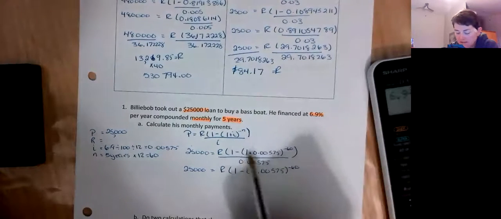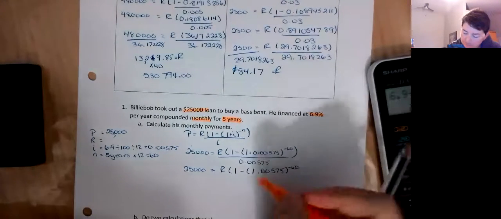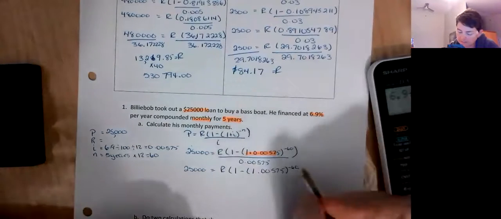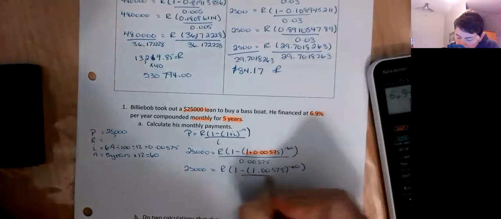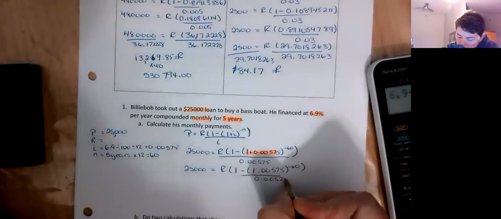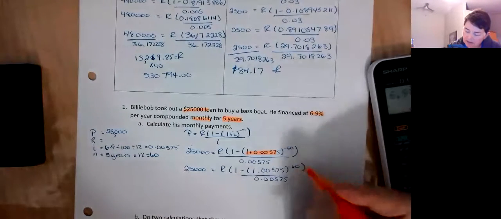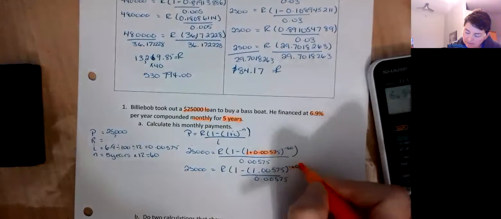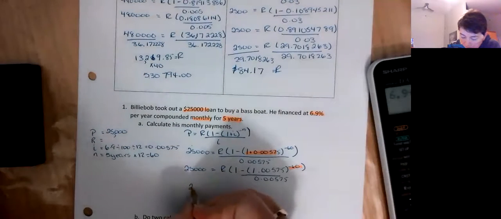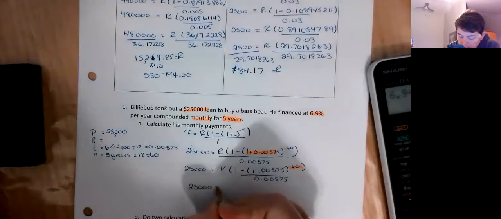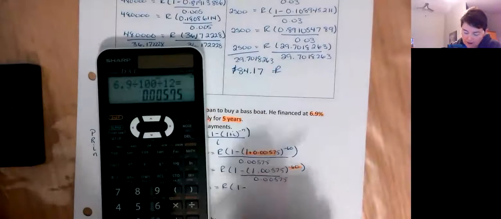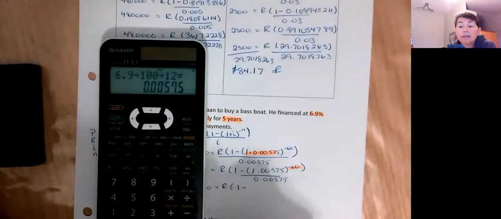So formula, plug it in. This is my priority. That's number 1. 0.00575. This is next, my exponent. Being careful not to lose the negative. Okay, so I'm lazier than my calculator.